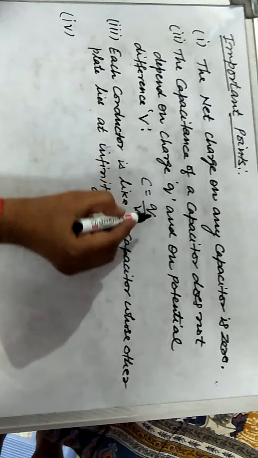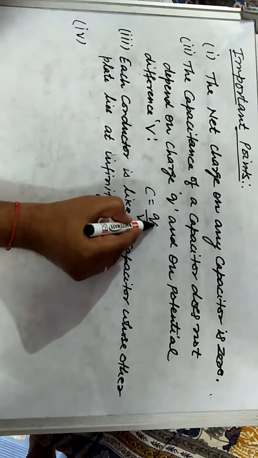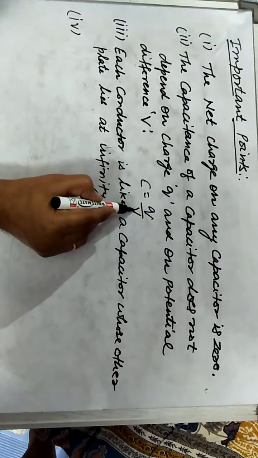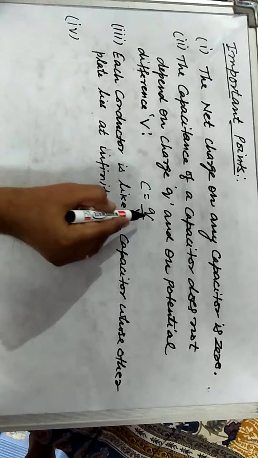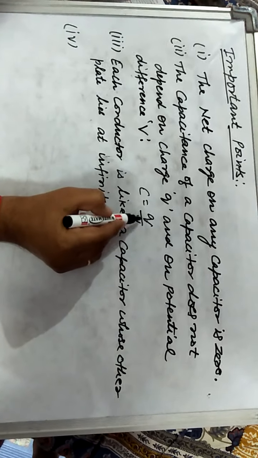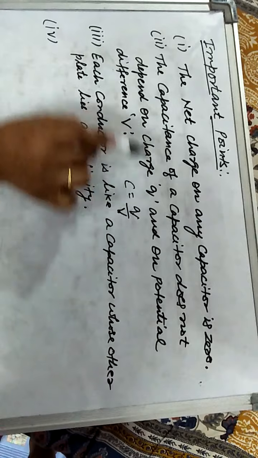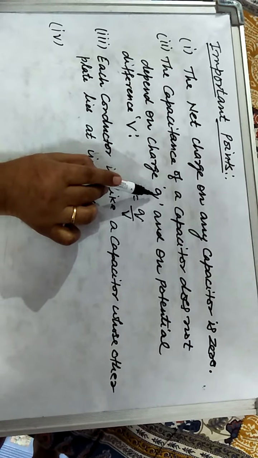But remember this, as you increase the charge on the plate of a capacitor, in the same proportion V will also increase. So the ratio Q by V remains constant. In this way the capacitance of a capacitor does not depend on charge Q and on the potential difference V.